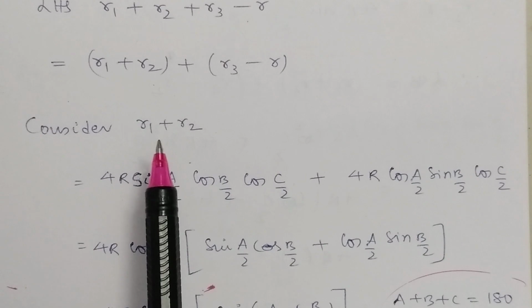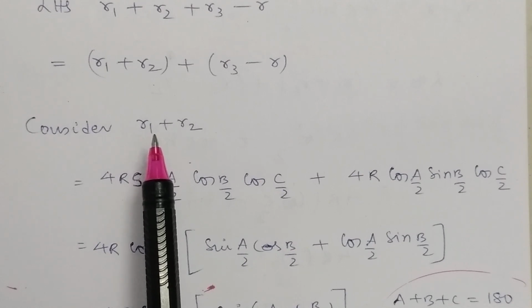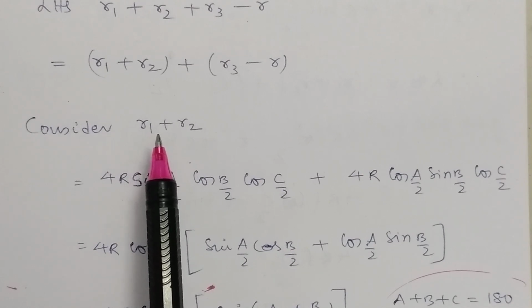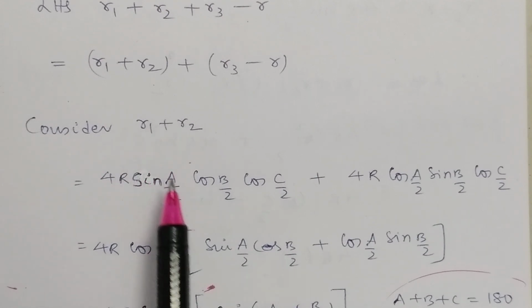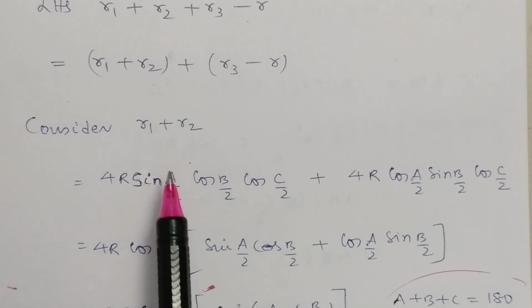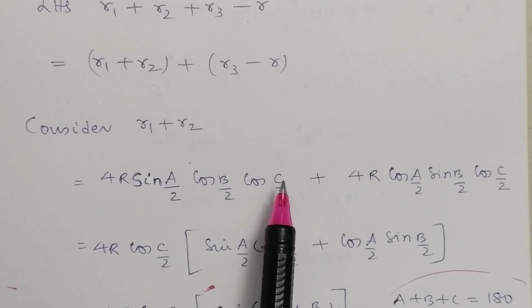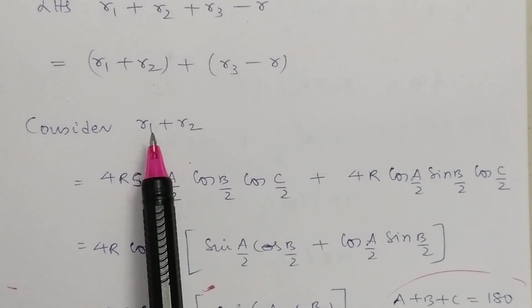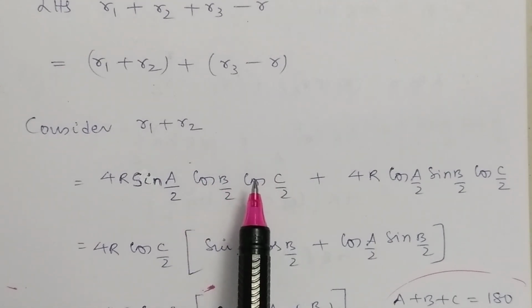How? 1 stands for A. Alphabetically 1 is for A, 2 is B, 3 is for C. For 1, A by 2 is with sin, remaining are cos. For 1, sin A by 2, and B by 2, C by 2 are in terms of cos.